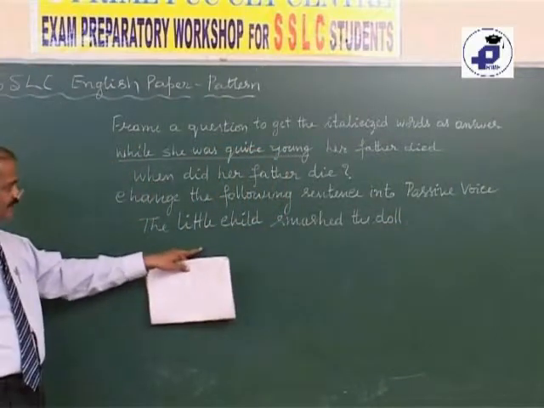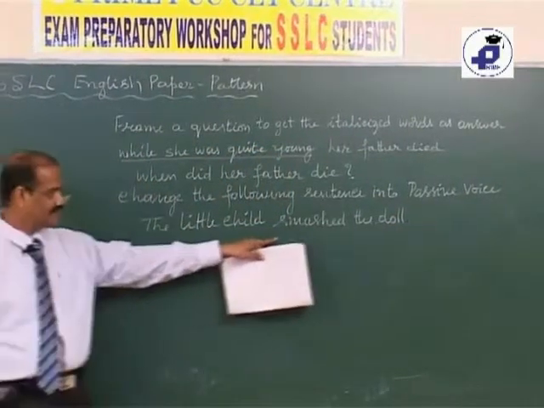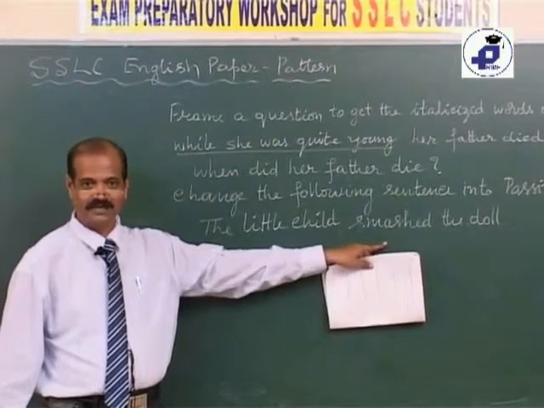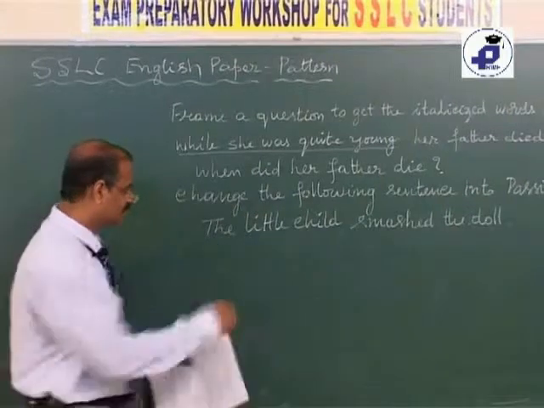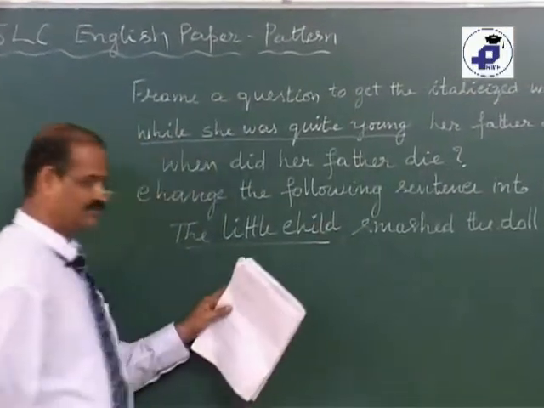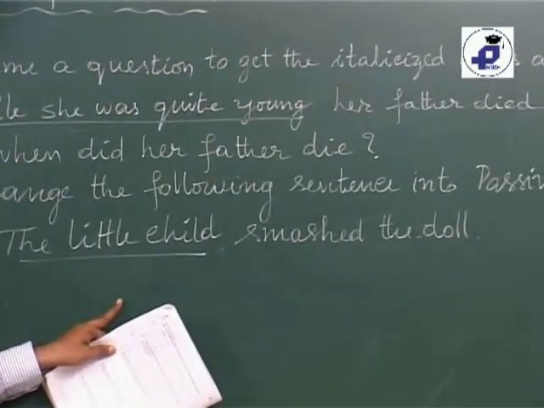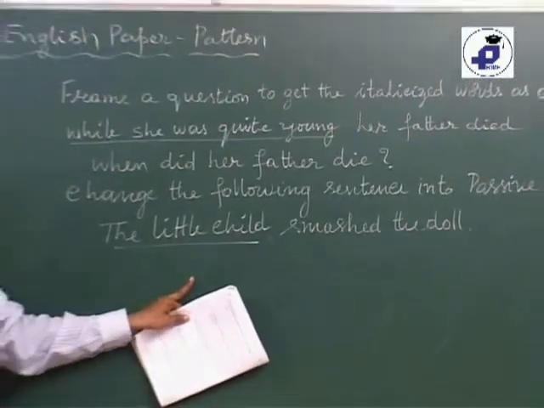Now this sentence is active voice. What did the little child do? The little child smashed the doll. That means the little child did the action. So when the subject does the action, we call it active voice. Now you have to change this into passive voice.